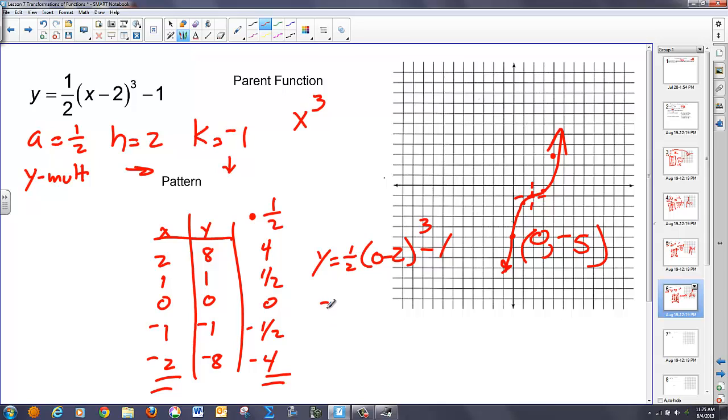Better be negative 5, so I have a half times negative 2 cubed minus 1. This is a half times negative 8 minus 1, which is negative 4 minus 1, or negative 5, and it checks. So once again, there's the graph of that function with transformations.